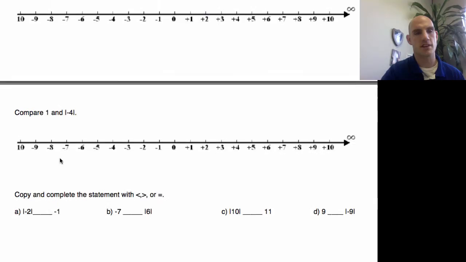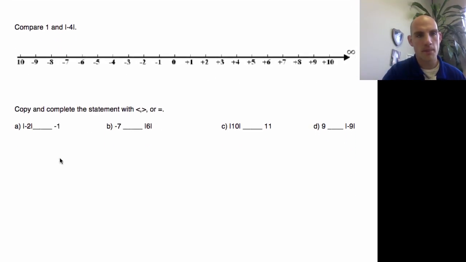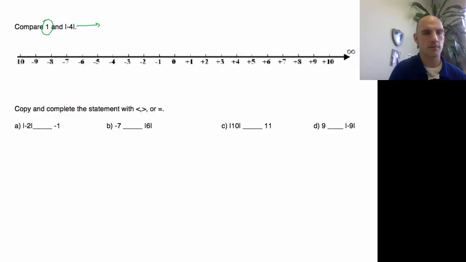The next example says to compare 1 and the absolute value of -4. So I'm going to do this one in green. The absolute value of 1, or 1, what is 1? 1 is 1 unit. I'll do the absolute value of -4 in blue.